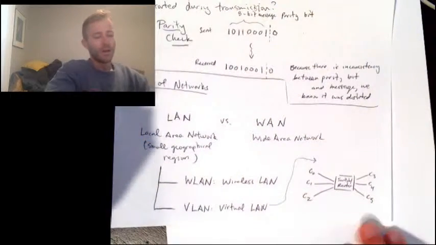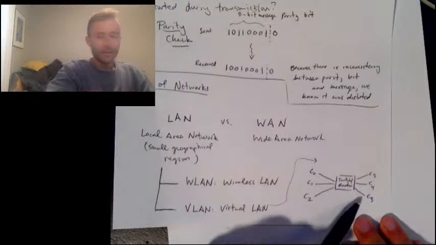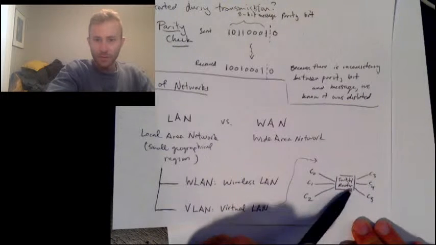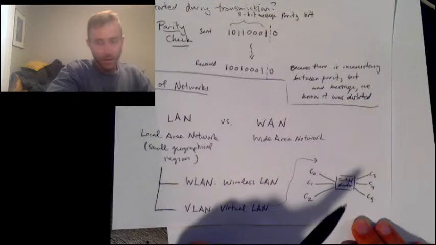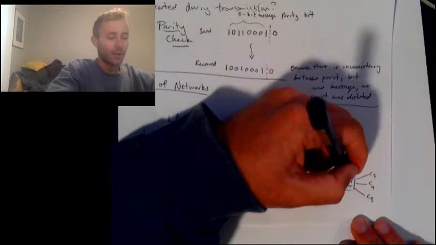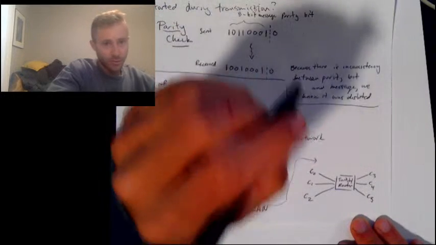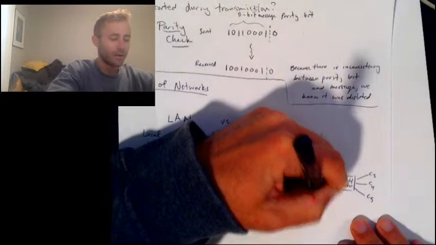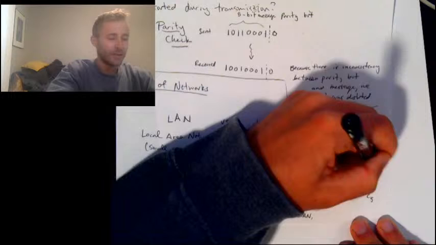So you can see that these 6 computers are all physically connected to the same router. They're all part of the same network. But the router artificially breaks them up into 2 networks. So maybe you have LAN 1 and LAN 2.